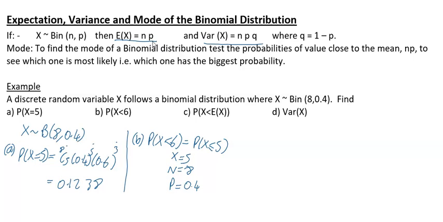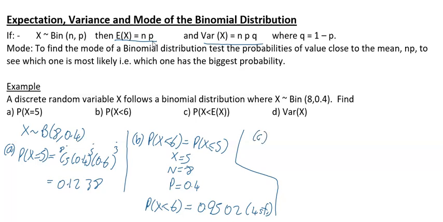Press equals, and it should give you the right thing. So probability X is less than 6 is equal to 0.9502 to 4 sig figs.